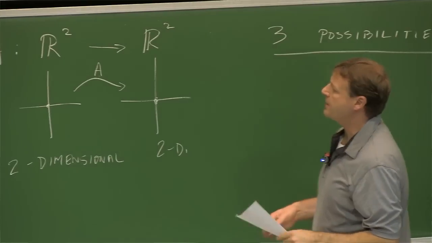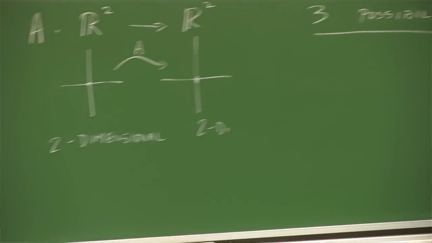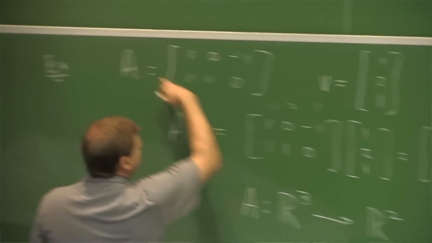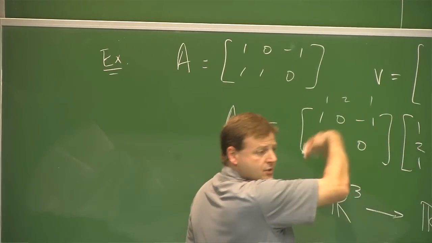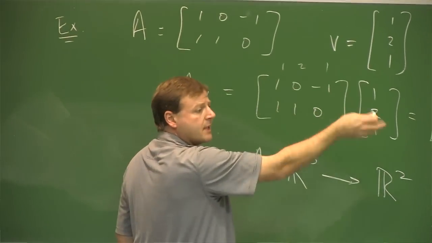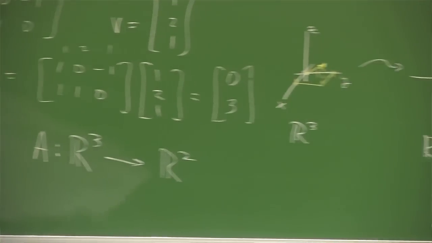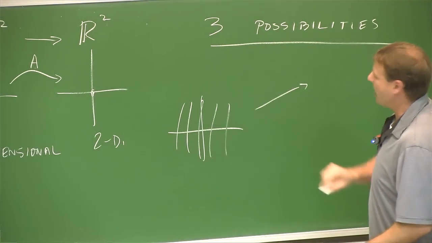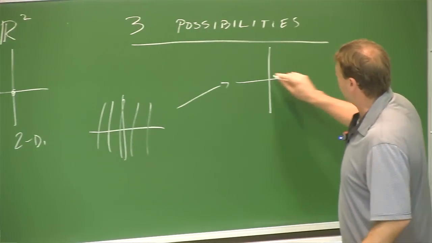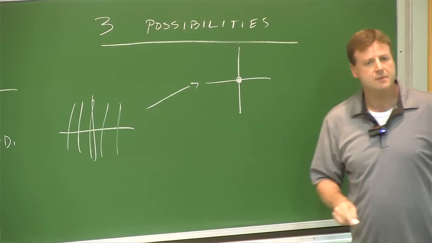Just pretend that it has all zeros here. Then any vector I take here is just going to give me 0 back. I won't be able to get away from 0. So that's one possibility: I'm taking this whole space, which is two-dimensional, and the outcome is just the single point 0.